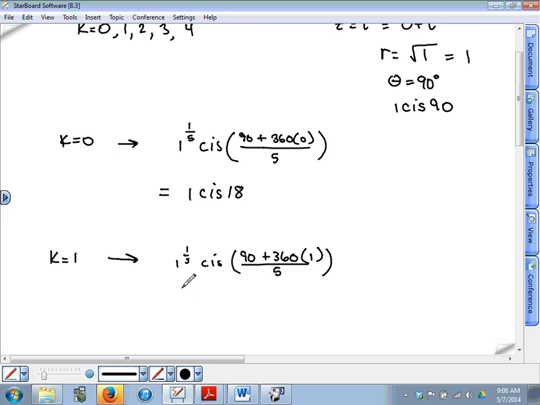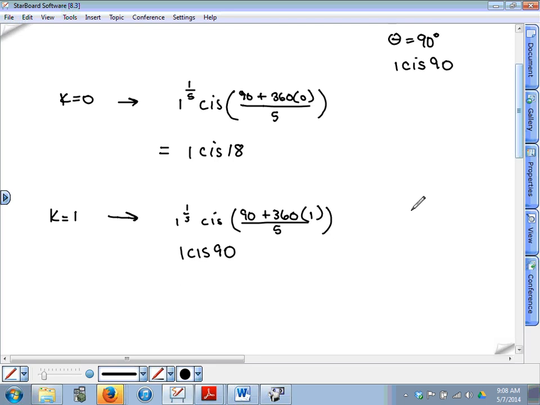That's going to be 1 cis, oh boy, 360 plus 90, all divided by 5. That's just 90 again? Yeah. Cool. All right. For k equals 2, we're going to get 1 to the 1/5 cis of 90 plus 360 times 2 over 5.